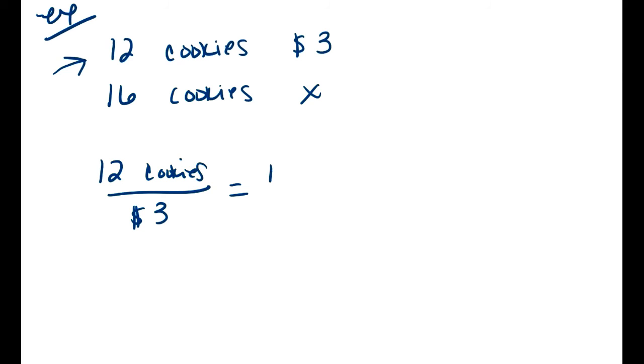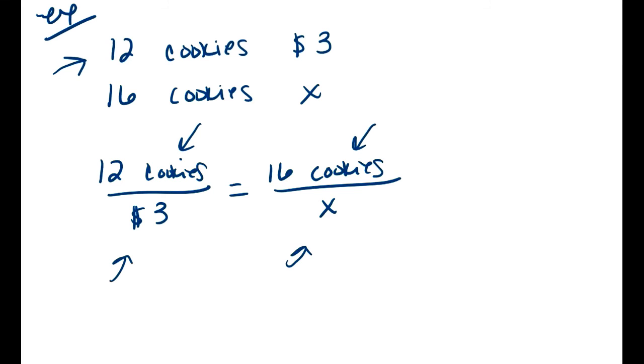So I have cookies on top, which means for my second proportion, the cookies also have to go on top. And what I'm looking for is the money that it's going to cost me, and those are coming on the bottom. So the order doesn't matter with the initial setup as long as your units stay consistent. So I have cookies on top, money down below, and I'm looking for money down here.